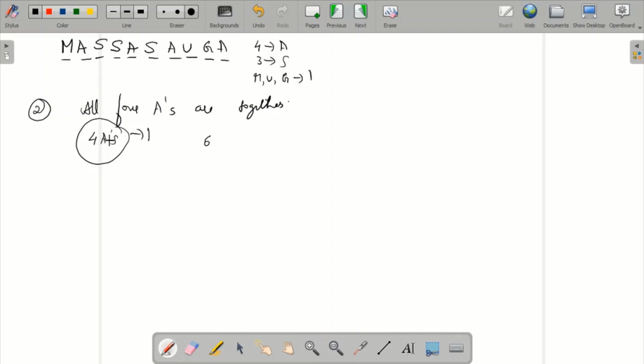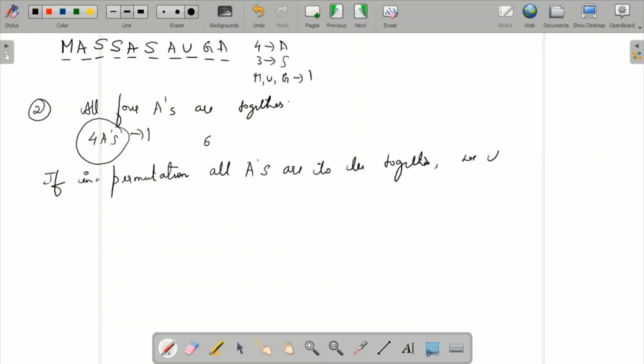So the solution is: if in a permutation all A's are to be together, we treat all of the A's as one single letter.